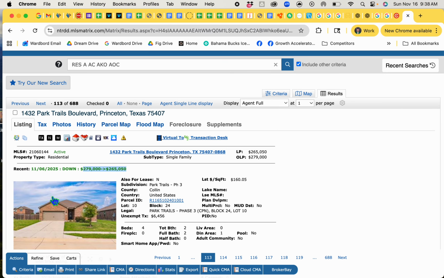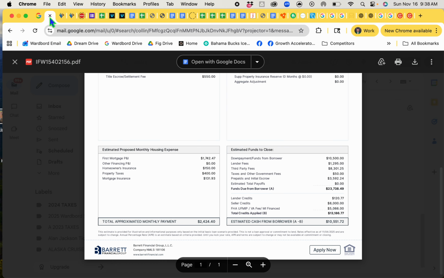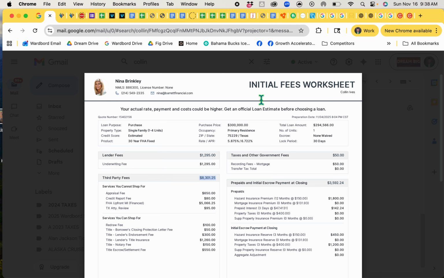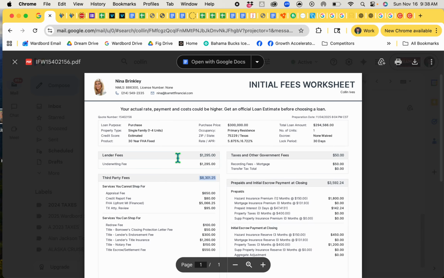I'm looking at the last house that you sent me, just to use as an example. When I go to the email that you sent me, Nina sent this worksheet, right? She can only send you generic numbers to some extent until she gets a house, and then she can see the taxes and the insurance and so forth.